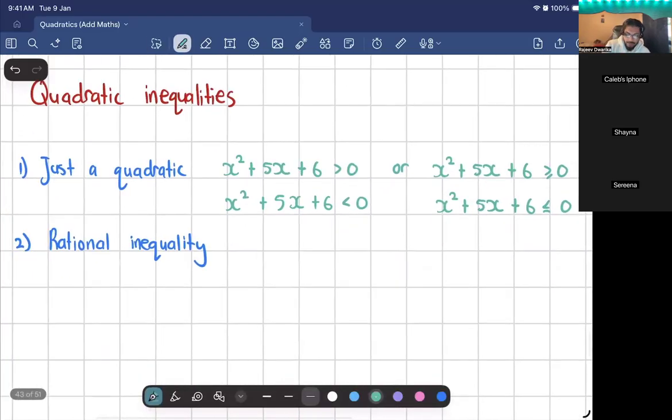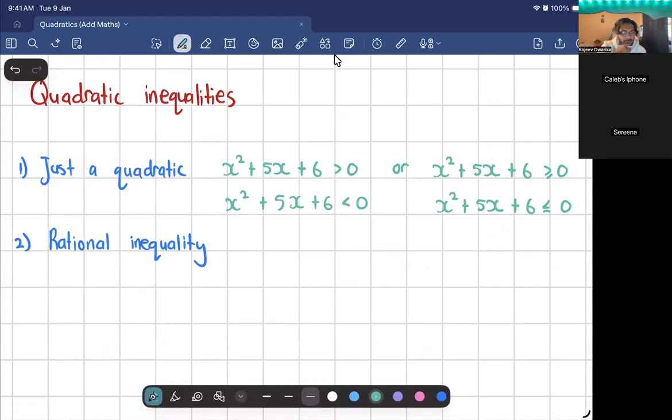Now, let's look at rational inequalities. Serena, if something is rational, if I could represent it as a what? Do you know what I mean by rational? I'm not sure.